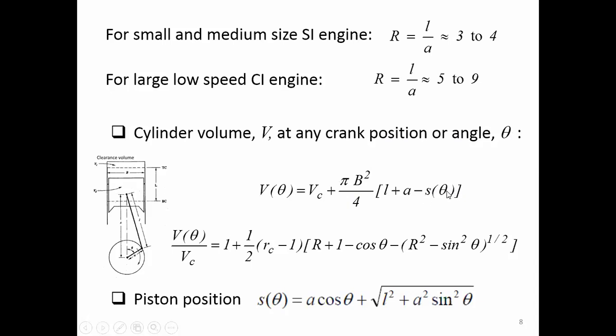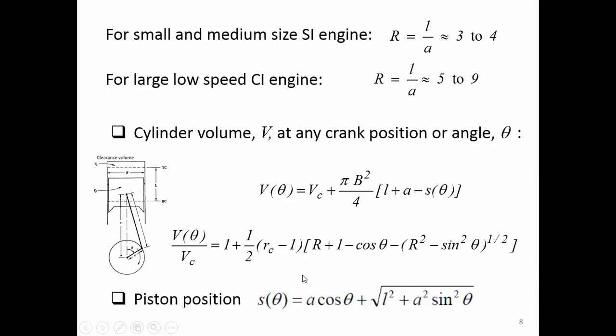So right here, okay, the position of the piston is shown right here, the piston position, right? If you are good in geometry, then you can easily come up with this expression S, which shows you the piston position. I show right here the result of the expression for this position.